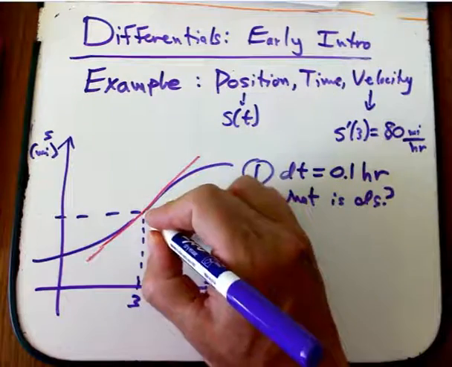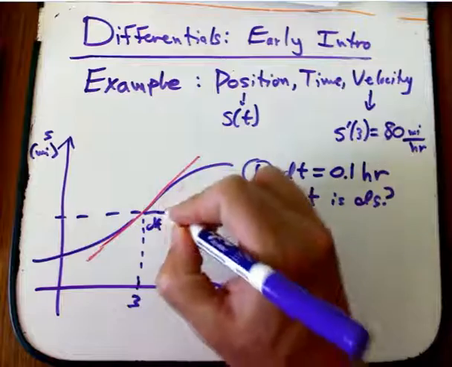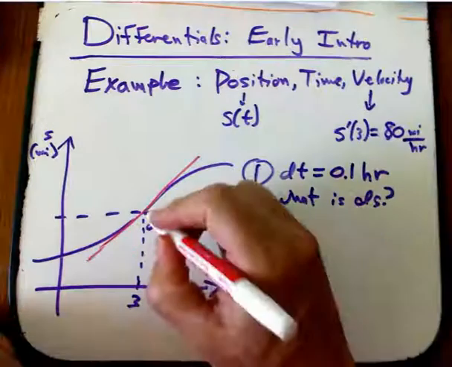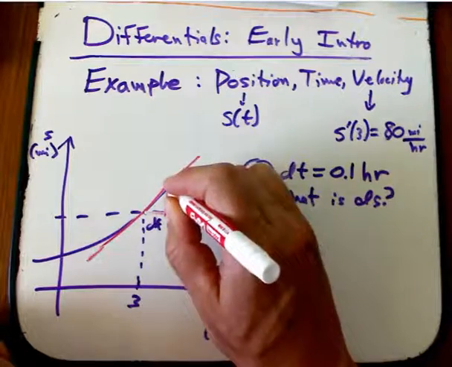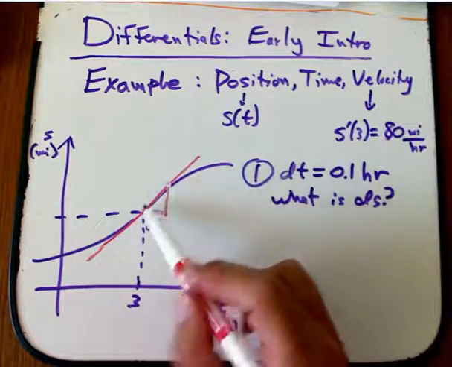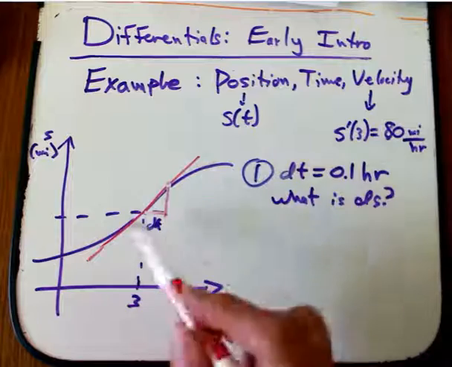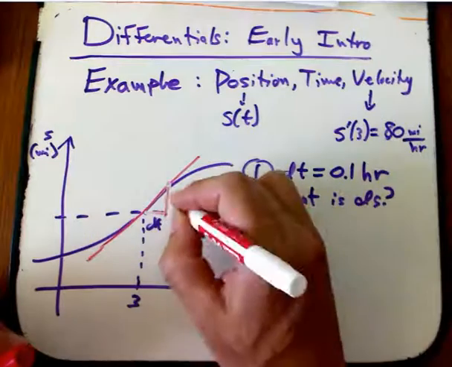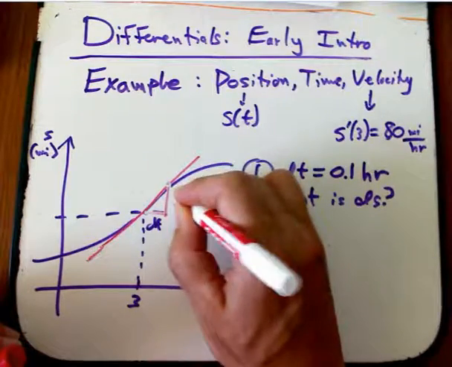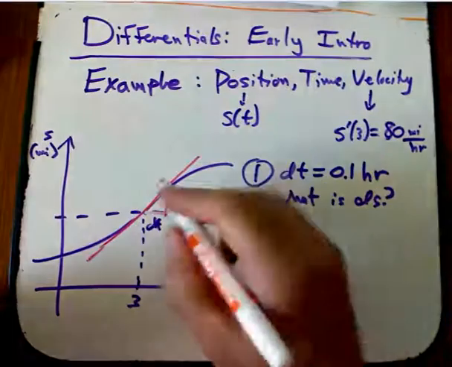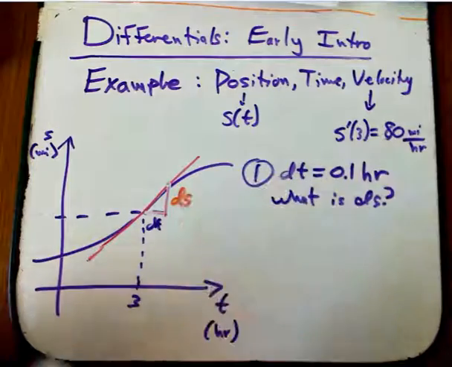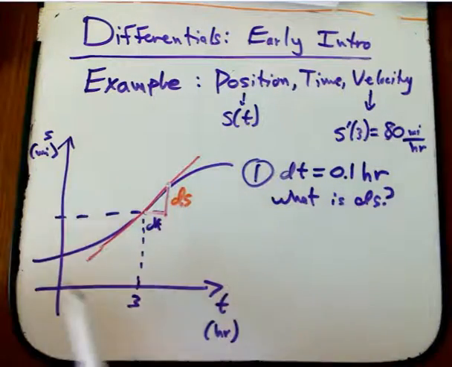So we're going over a little bit, dt, and I'm not going to try to get the purple curve. I'm just going to say if this person kept driving at exactly the same speed for the next 0.1 hour, how far would they go? That is a change in position. Let's say orange. What is ds going to be?